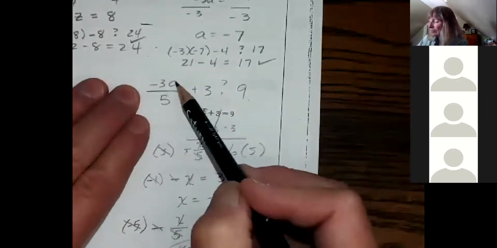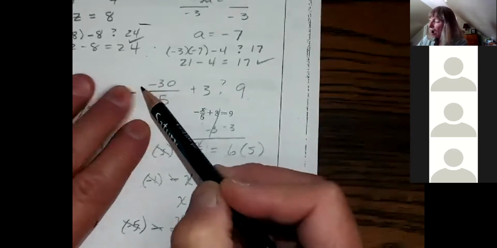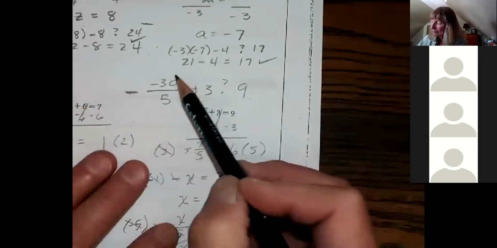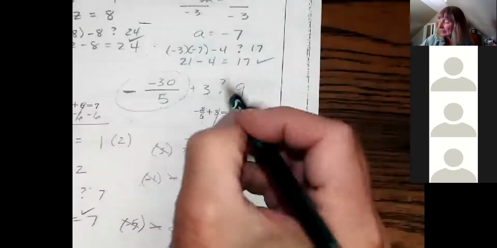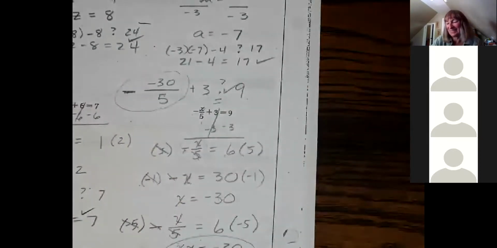So -30 divided by 5 is -6. The opposite of -6 is +6. This whole thing comes out to be +6 plus 3, and that does indeed equal 9. Negatives. They're pesky.